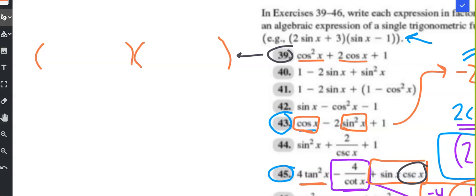So what would you get to multiply together to give you cosine squared? Cosine x and then cosine x on the other side. Yep, you're exactly right. Now we've got a plus 1 at the end, which means either both of the signs are going to be positive or they're both going to be negative.